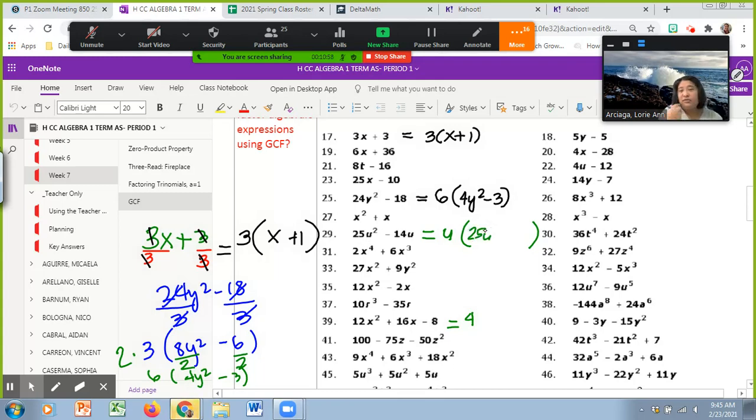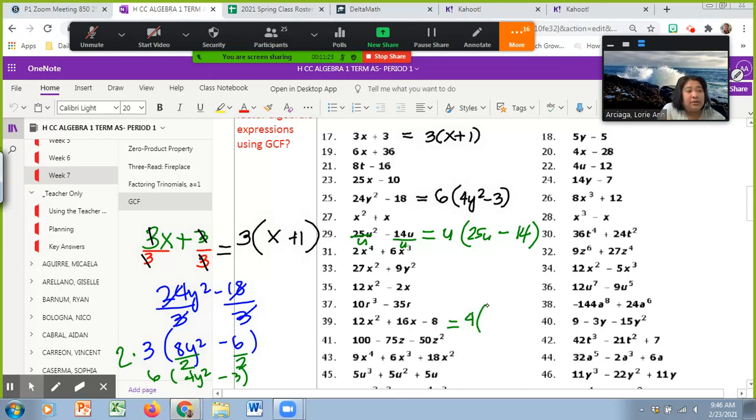Once you get the hang of it, you can just do everything in your head. You don't have to do this part that I'm doing right now. But sometimes it helps students, especially when they're very visual. They see, oh yeah, I'm removing 1u from there, so I get 25u left. But you don't have to do that step when you're very good at it already.